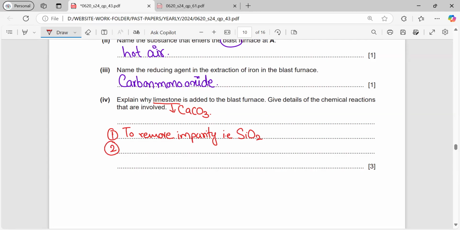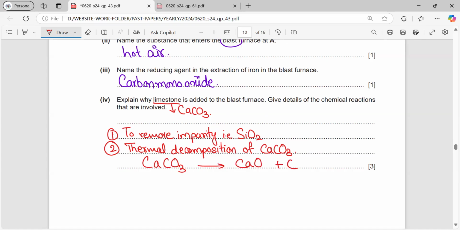How do we do it? The thermal decomposition happens first. Thermal decomposition of calcium carbonate. The equation for this reaction is: calcium carbonate decomposes into calcium oxide and carbon dioxide. Now this calcium oxide reacts with the silicon oxide, which is an impurity, and forms calcium silicate.